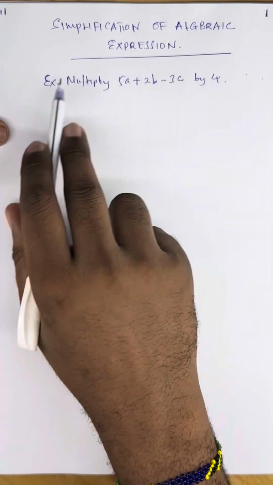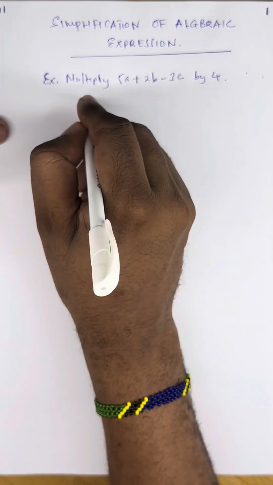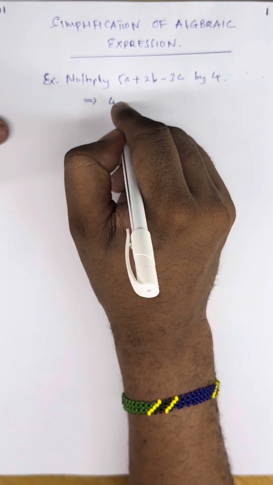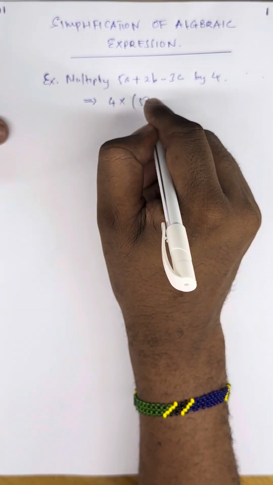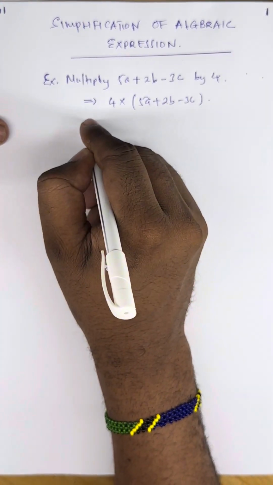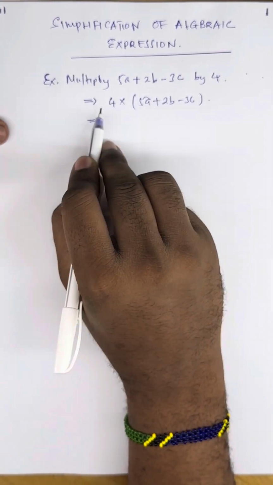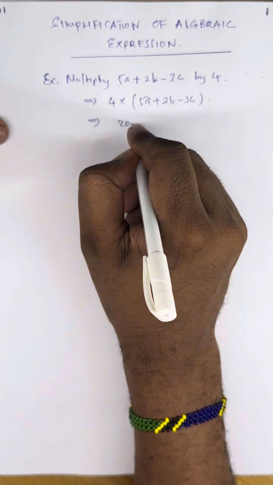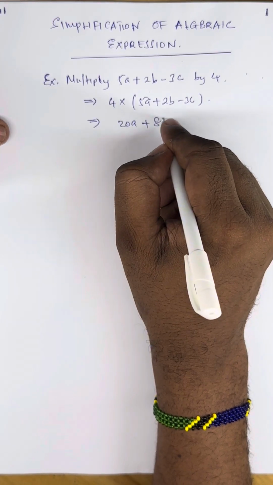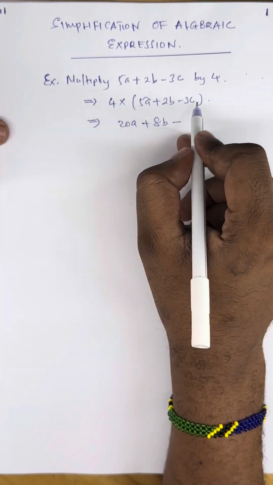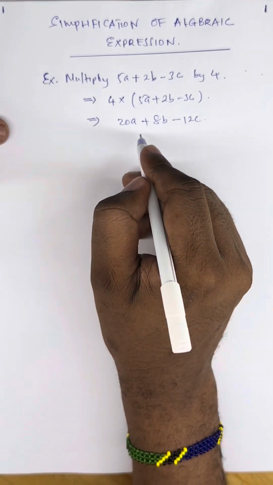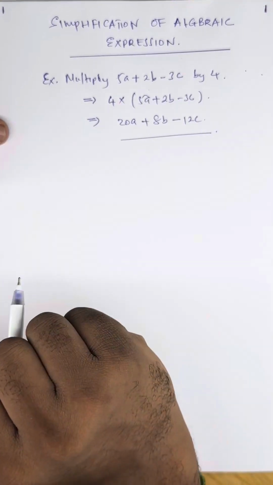Here we have been told to multiply, so you multiply everything you have been given by 4. It will be 4 times 5a plus 2b minus 3c. So 4 times 5a is 20a, plus 4 times 2b is 8b, minus 4 times 3c is 12c. So this is your final answer.